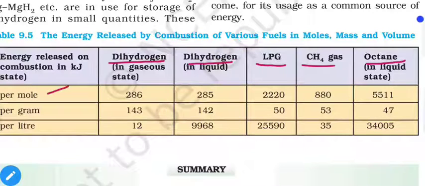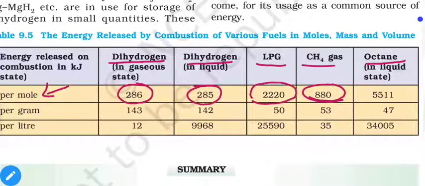If we compare energy released per mole with these different fuels, then you will notice hydrogen is far behind our traditional compounds. That means it releases 285.86 kilojoules of energy. On the other hand, methane releases almost 3.5 times more than hydrogen.